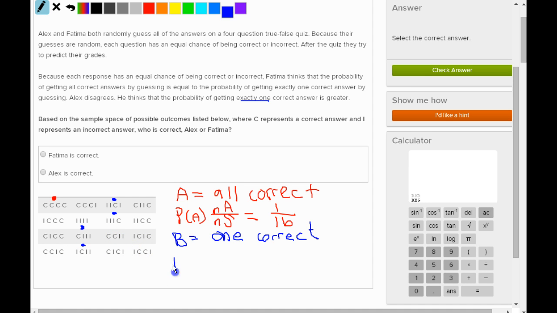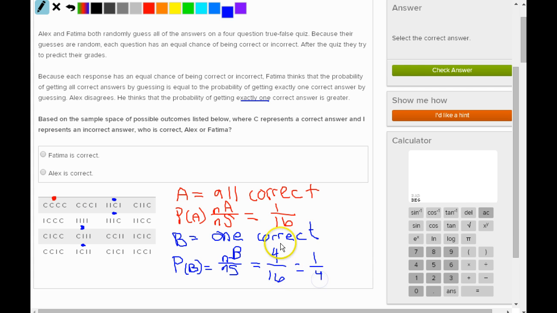So the probability of B is equal to the number of elements in B over the number of elements in the space. And that's equal to, there were 1, 2, 3, 4, over 16, and that reduces to 1 over 4.